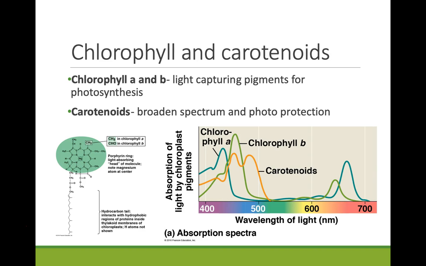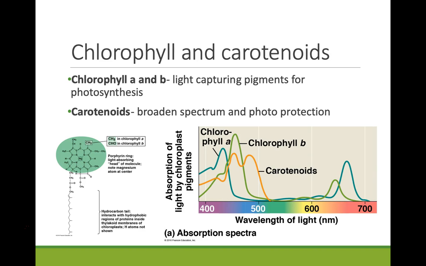Remember, our membranes are hydrophobic, and so that's important for anchoring it into our membranes within our chloroplasts. And then at the top of it, we have this special ring structure called a porphyrin ring. And that is important because that's where our photon is going to hit, and that is the region that is going to release an electron that has been excited with this energy.